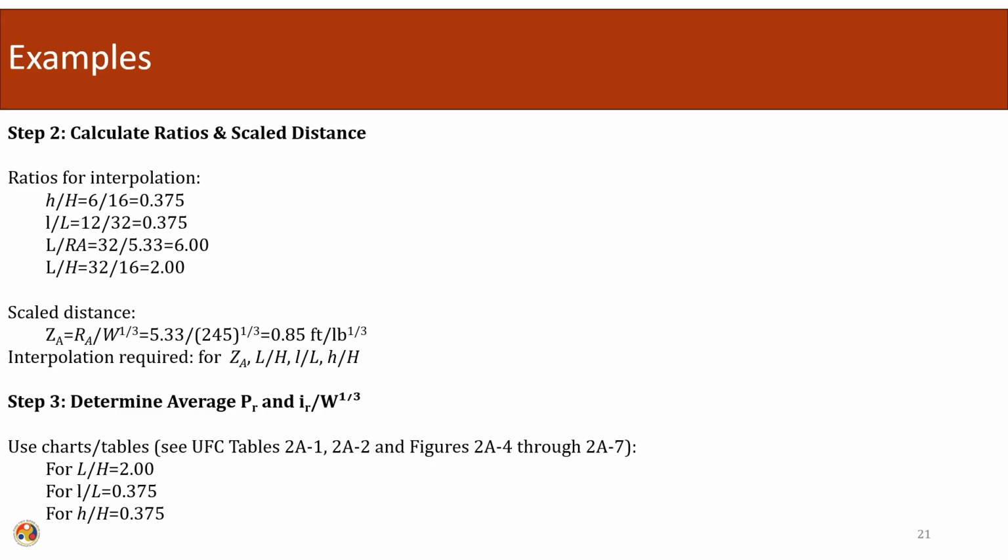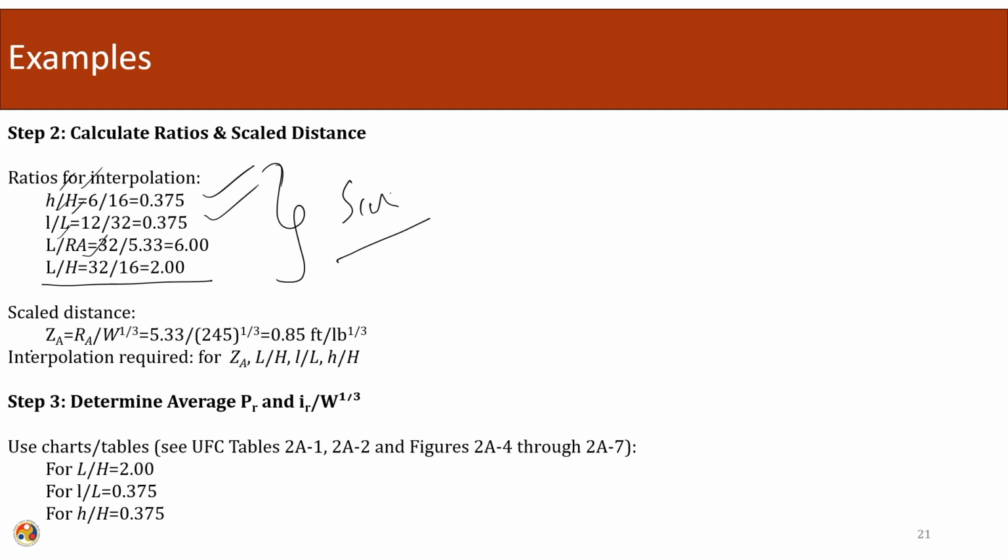Then we calculate the ratios and the scale distance. We need the H to H ratio, the L to L ratio, the length to scale distance ratio, and the length to height ratio.